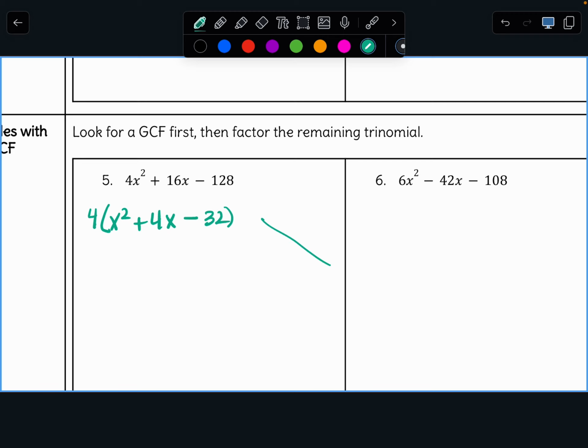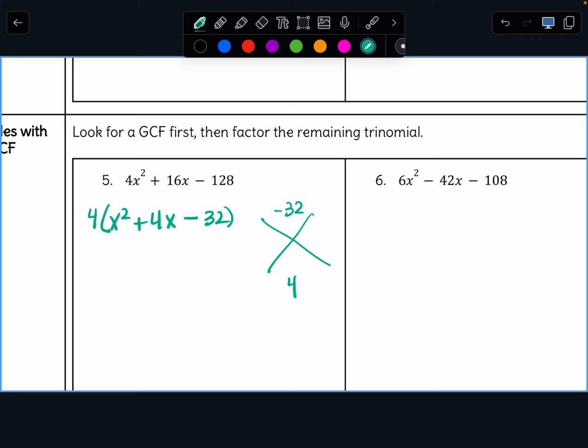So now I'm looking for two numbers that multiply to 32 and add to 4, which is better than trying to do 4 times 128 and then it has to add to be 16. This is easier. So what are the factors of 32 that I can get a 4 out of? 4 and 8.